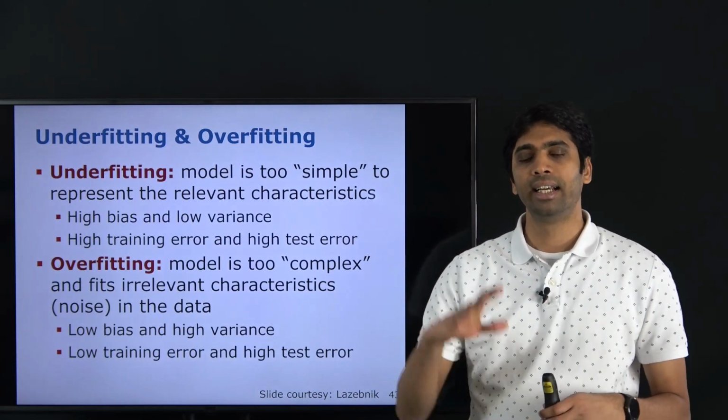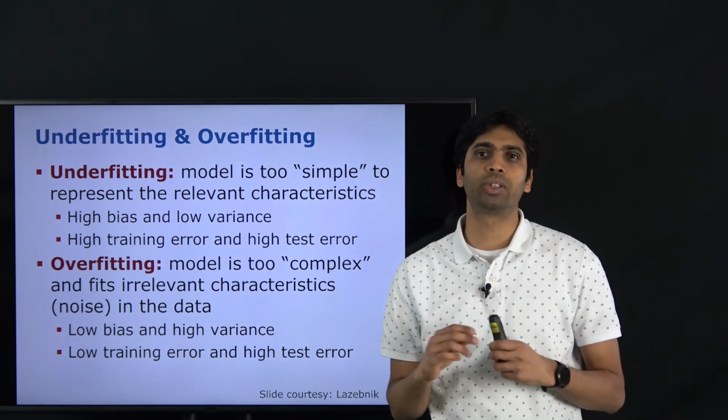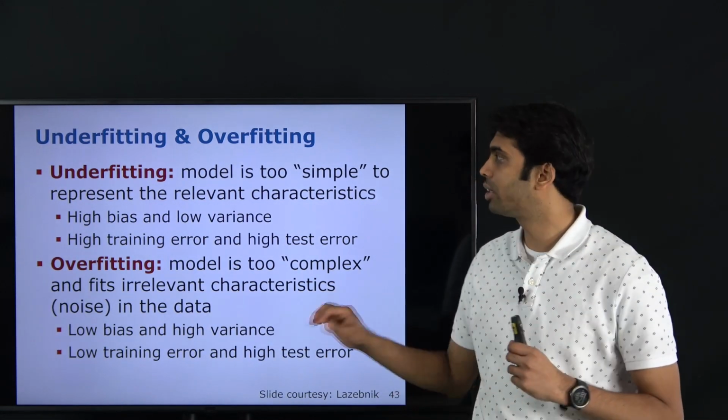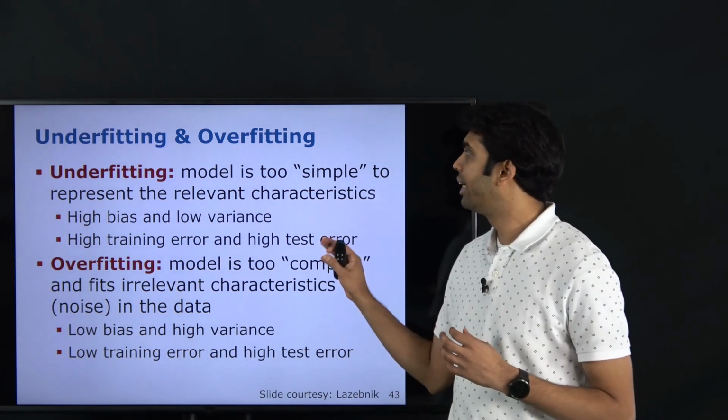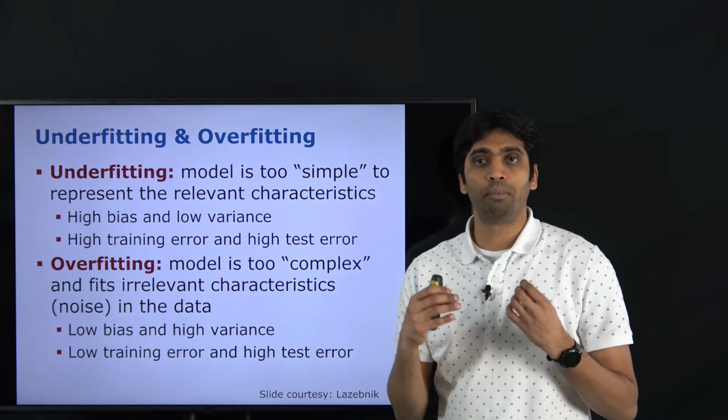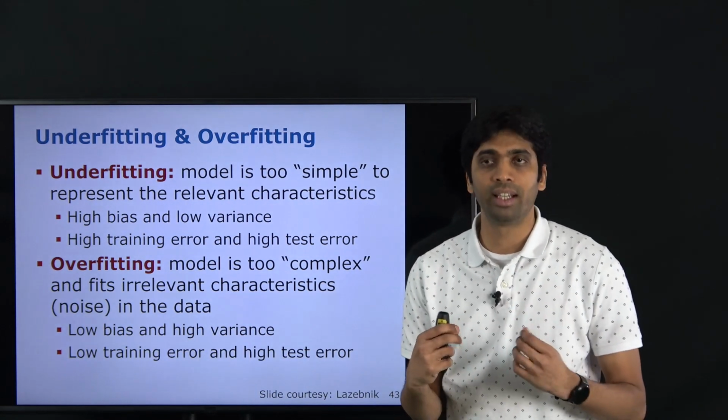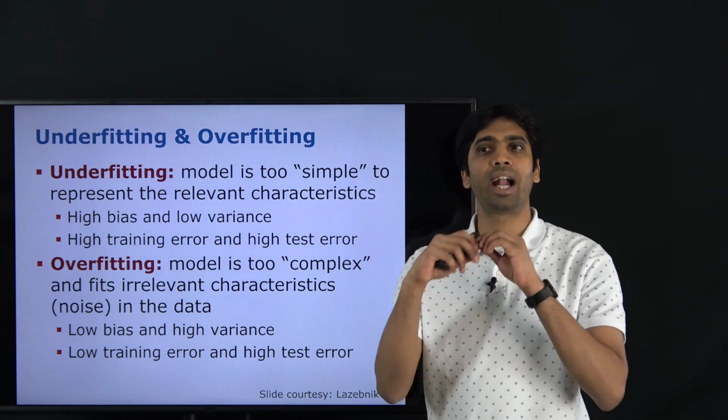And like I said, this bias and variance idea is also very closely linked to what is called underfitting and overfitting. So you might have already guessed, if our model is too simplistic, it has a high bias, and we are underfitting the data.